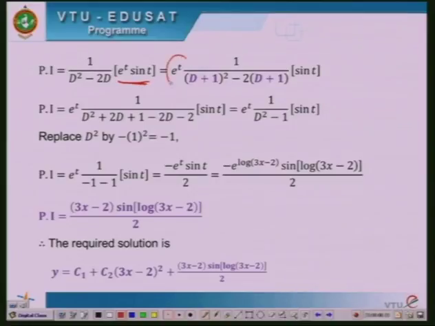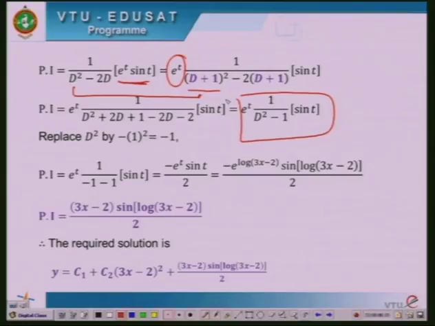Take e to the power of t outside the operator after replacing D by D plus 1. So PI becomes e to the power of t into 1 by (D plus 1) whole square minus 2 times (D plus 1) operating on sine t. You expand it and simplify it to get e to the power of t into 1 by (D square minus 1) sine t. Now this is type 2, sine of ax plus b.